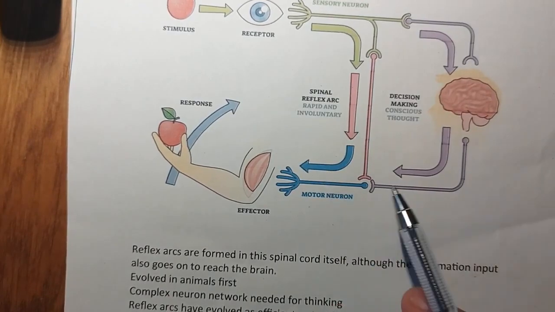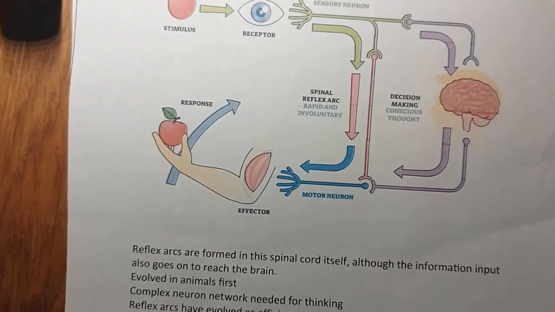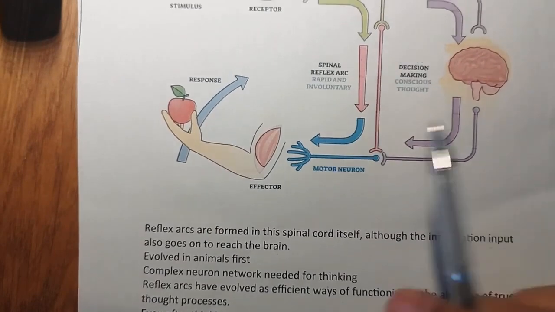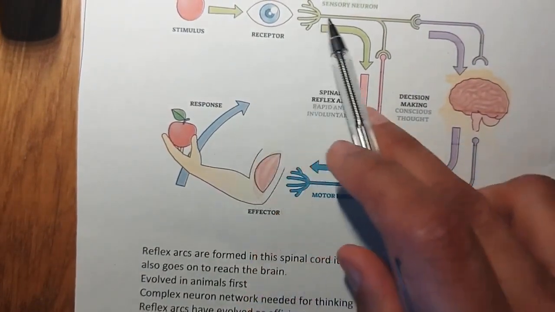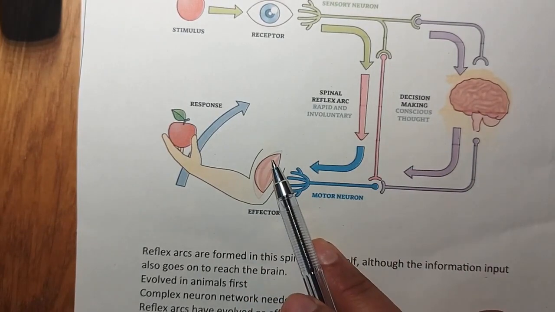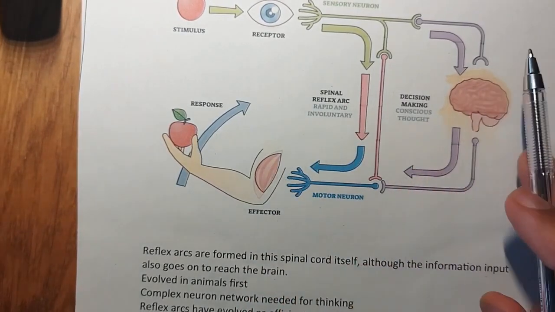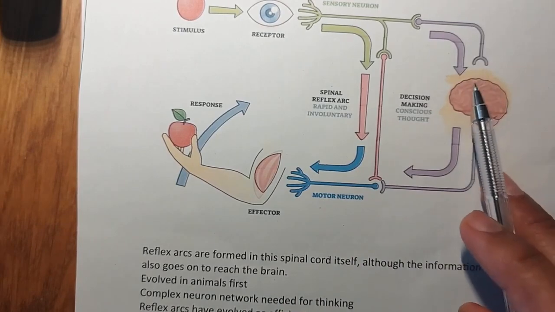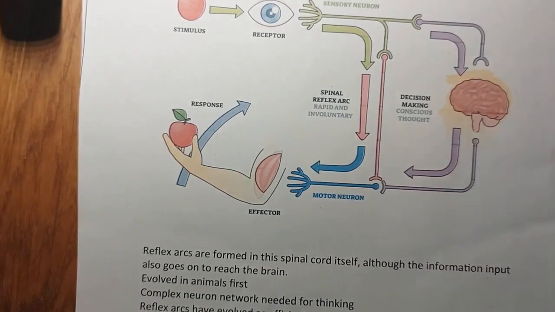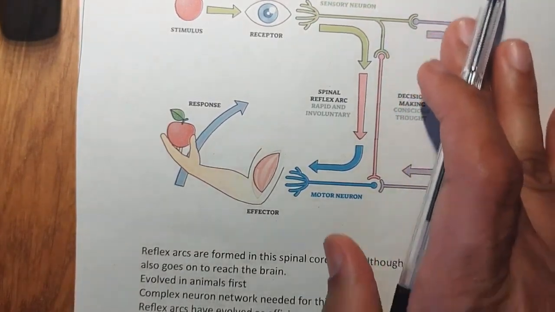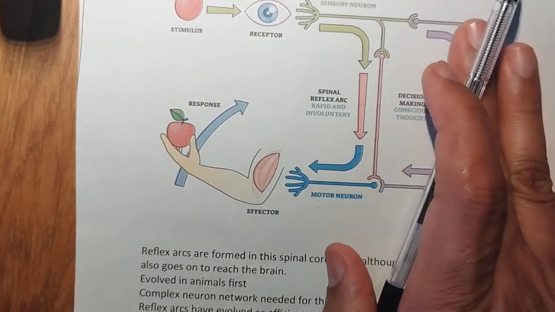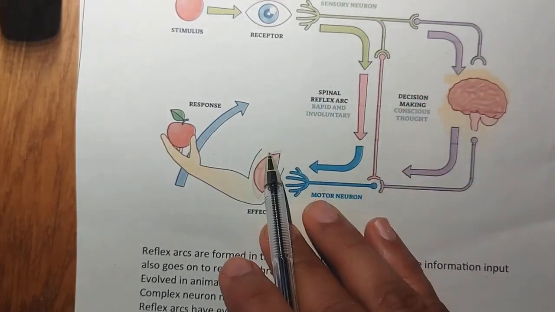That is why in lower forms of animals, this network, this spinal arc, was developed to make it possible to take quick actions without thinking, without having to go through the brain. In fact, the lower forms of animals don't have this higher function of complex thinking and decision making. They only rely on this.